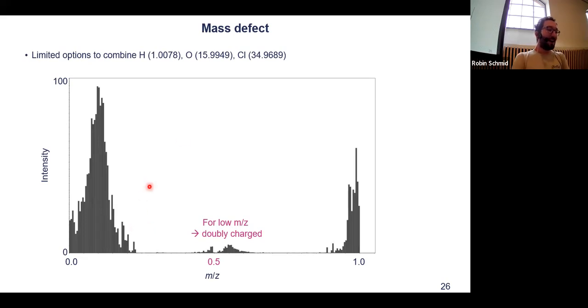Yeah, and you can see it here. We plotted below 200 m/z. In this range, the first hump on the left side should be all saturated and unsaturated compounds with a lot of hydrogens driving the mass defect up.